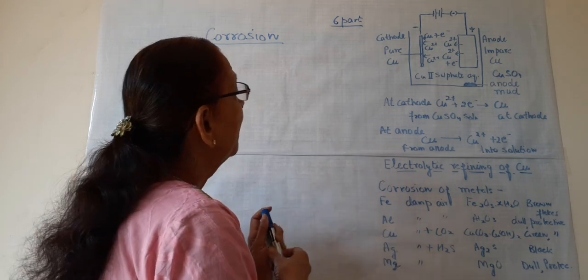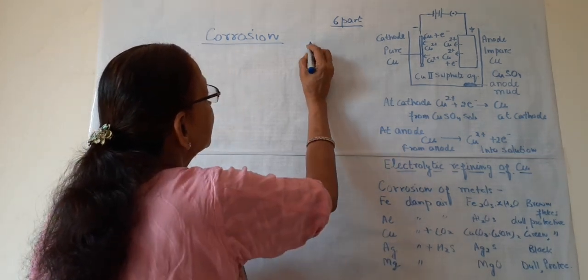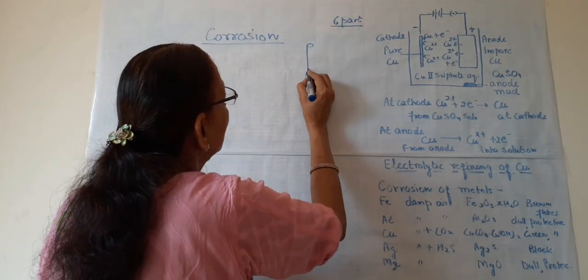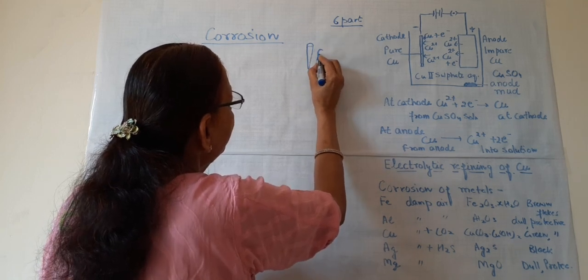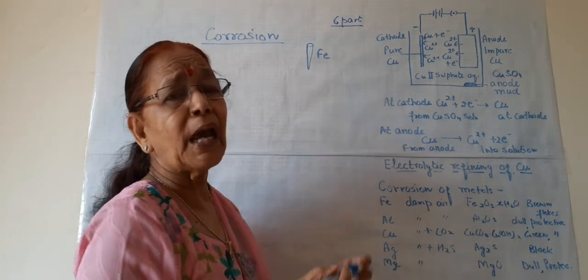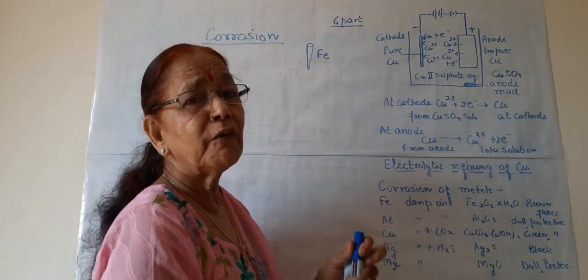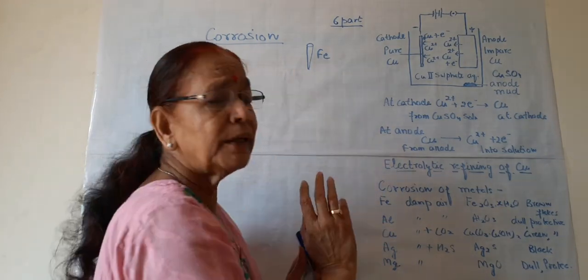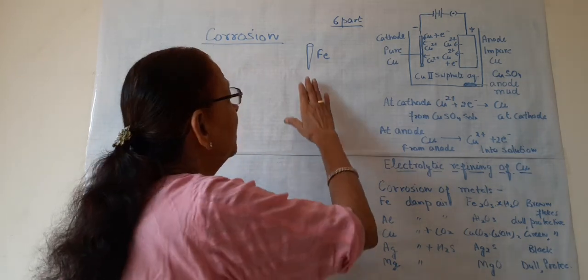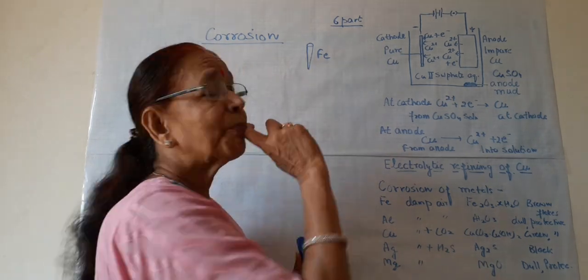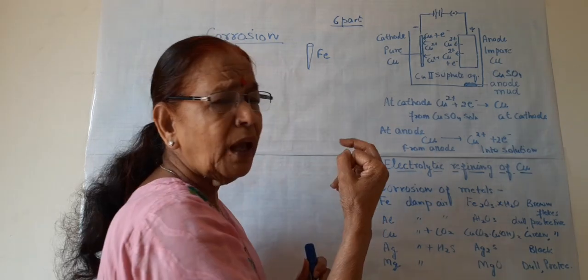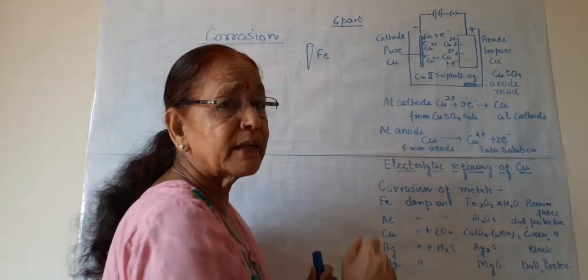Suppose this is an iron nail made up of iron. If it is kept in open air, in the open atmosphere, after some time, what do we see? We see that brown, reddish brown flakes are deposited on this iron nail, and we say it is rusted.